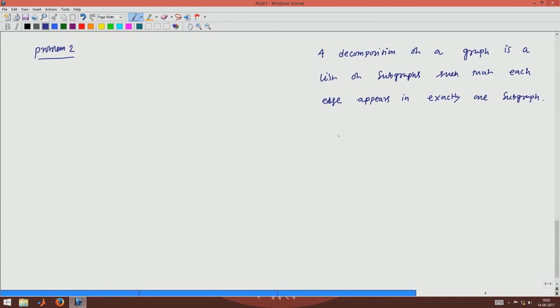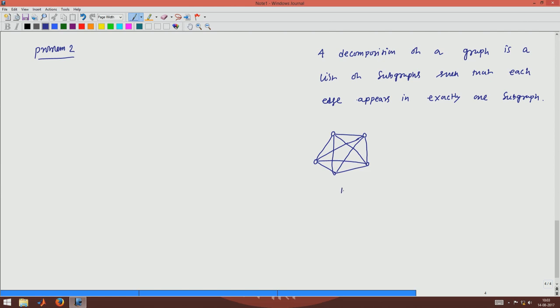Let me just give an example to illustrate what I mean by decomposition of a graph. So, consider this graph. Every vertex here has degree 4.